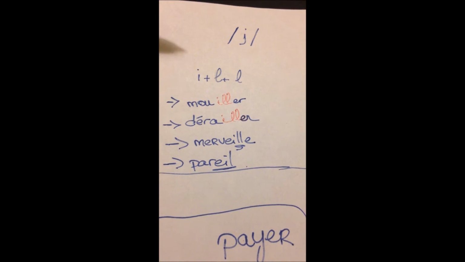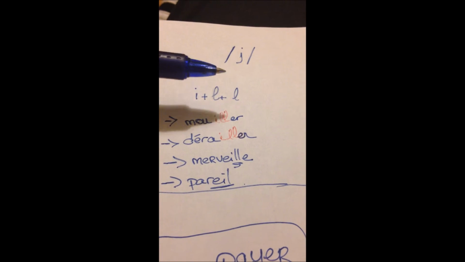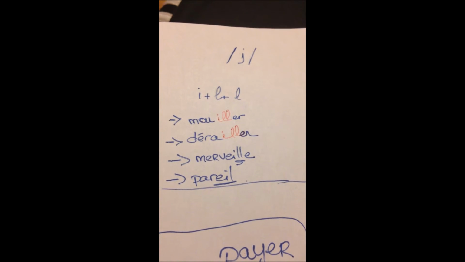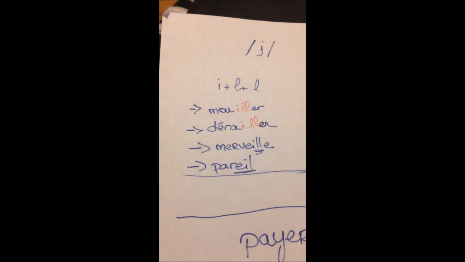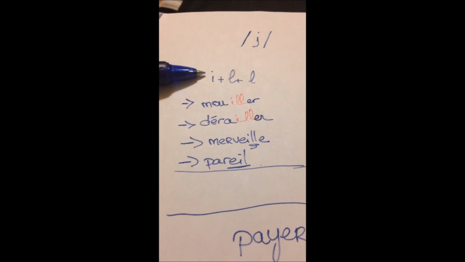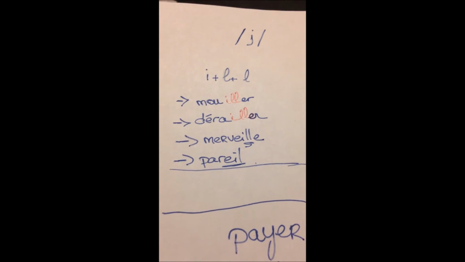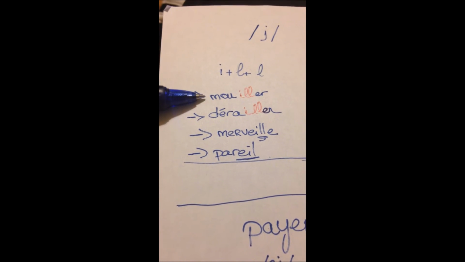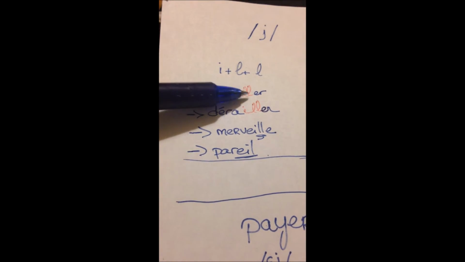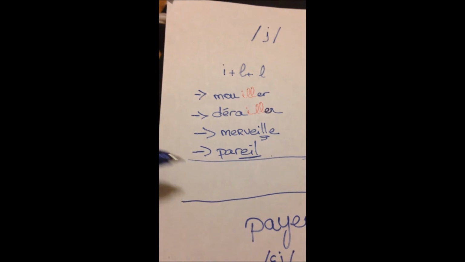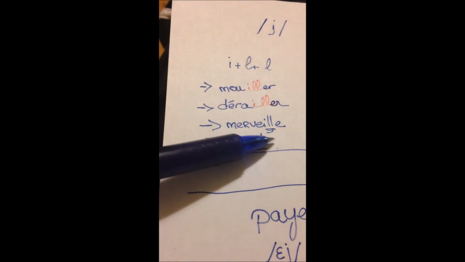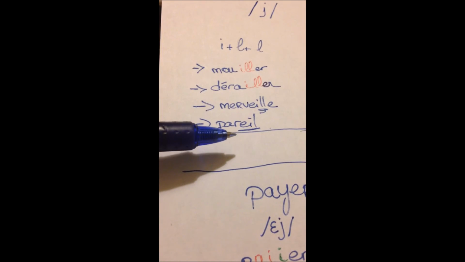The first one is the sound yeah, which can be produced by putting the letter I with two L's after, like in the word mouiller, I-L-L, dérailler, I-L-L, merveille, I-L-L, and pareil.